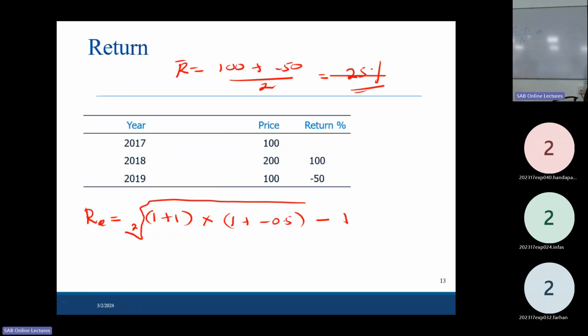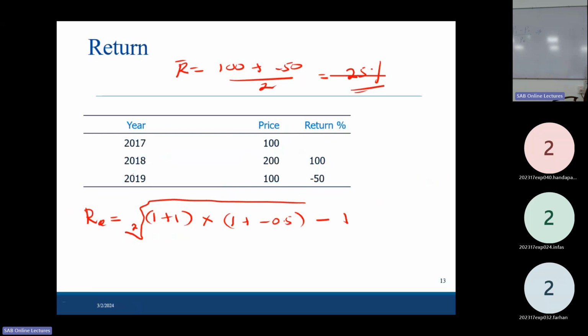Geometric mean is how much? Geometric mean is 0. But your arithmetic average return, or the R bar, was 25%. Really, if you look at your holding period, you are starting with 100, you end up with 100, your holding period return is really 0.